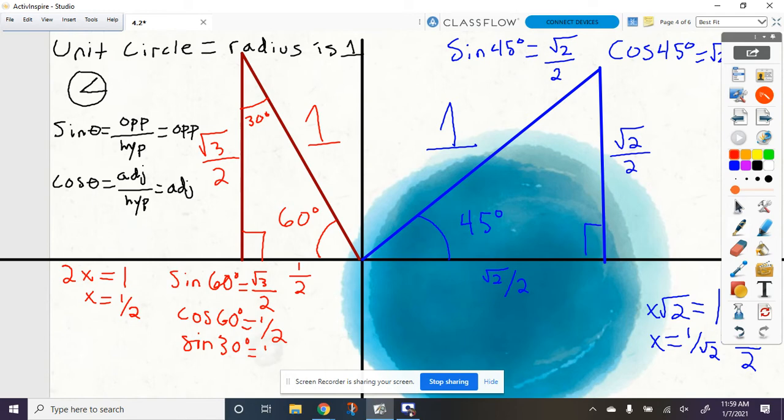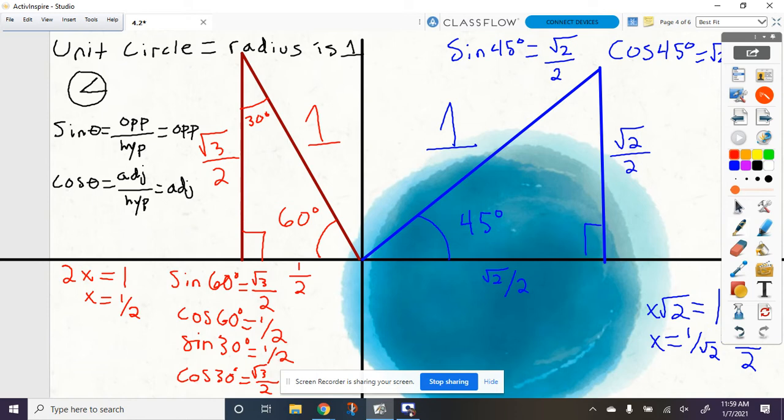So we would get 1/2 for our sine and square root of 3 over 2 for our cosine. Yes? No? Maybe? All right.